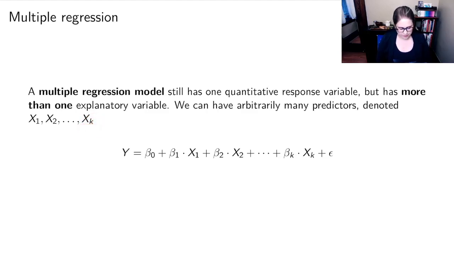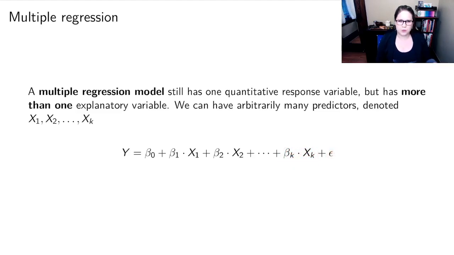And if we were going to think about the model in the population, it would be y is equal to beta 0, that's the intercept, plus beta 1 times x1, plus beta 2 times x2, plus beta 3 times x3, plus beta 4 times x4, all the way out to beta k times xk, and then plus epsilon.